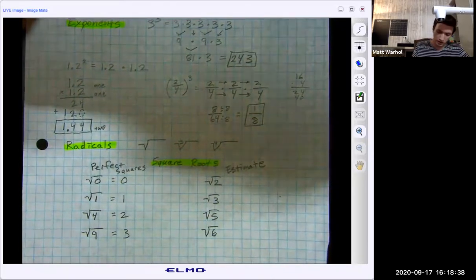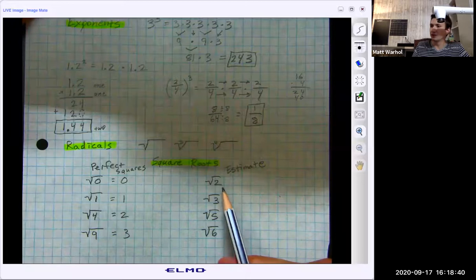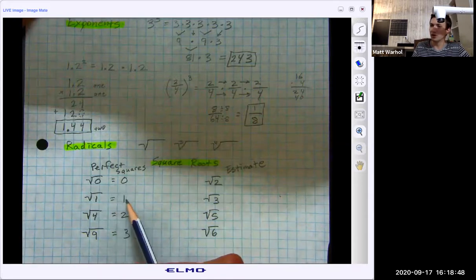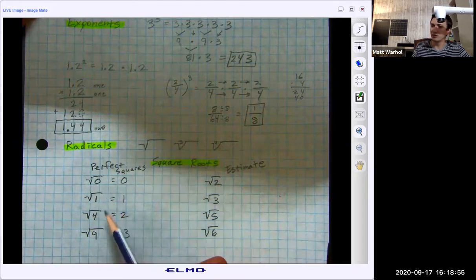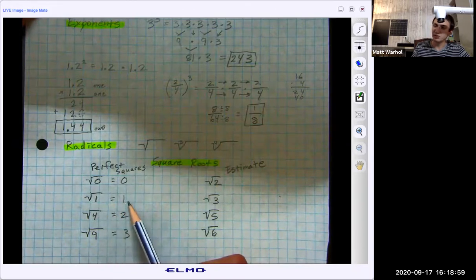Okay, well, where is the square root of 2 going to be? That's what I'm trying to think of. Well, the square root of 1 was 1, and the square root of 4 was 2. And the square root of 2 is in between the 1 and the 4. So my estimation would be something between 1 and 2.